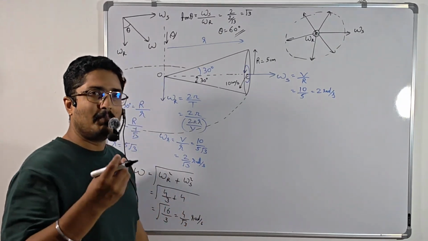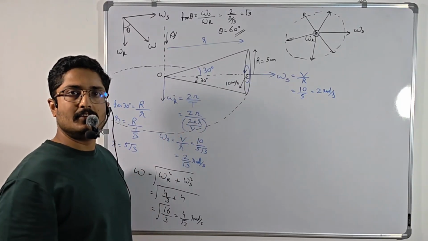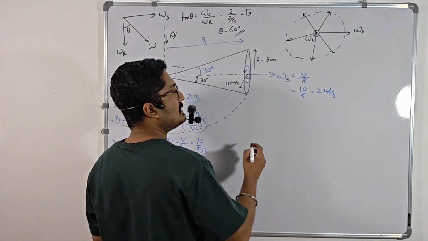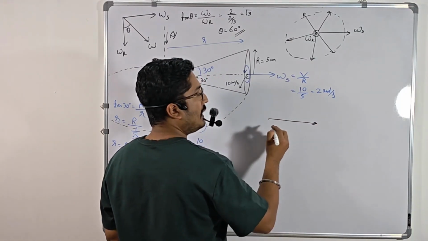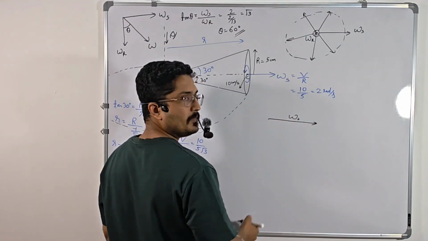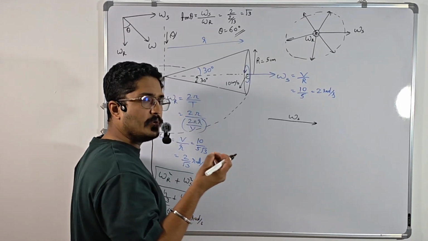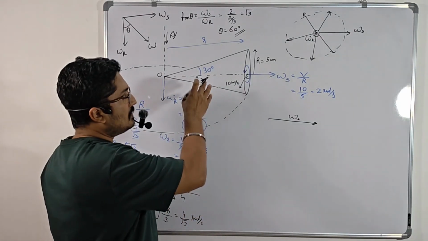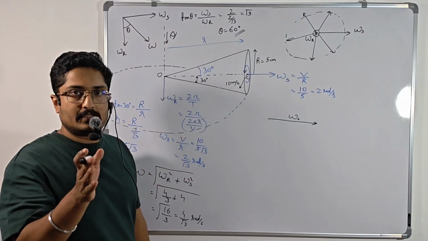For this, we'll use a simple vector concept, which we'll be using in multiple derivations eventually. So please make sure you understand that I am drawing my vector omega s in this way. This is the initial direction. After some small duration of time, this cone has rolled by some distance.